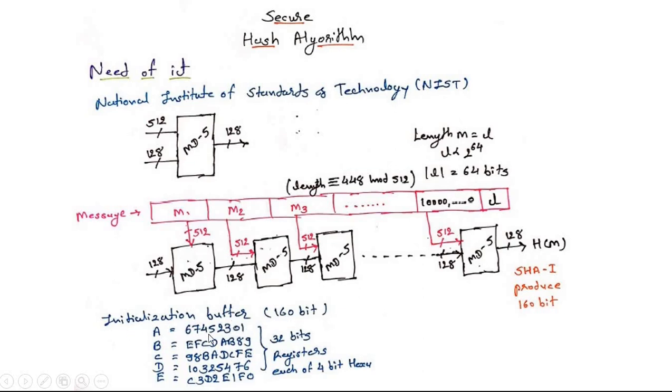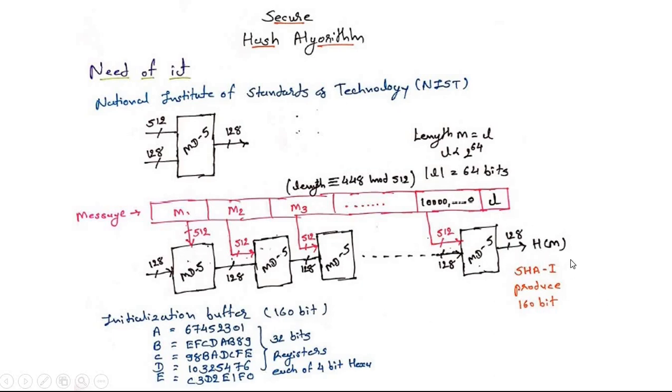If you look here, there are 8 digits inside the register, and all 8 digits carry 4 bits each. So 8 multiplied by 4, a single register carries 32 bits. So finally we are using a 160-bit initialization buffer and we are getting a 128-bit output.